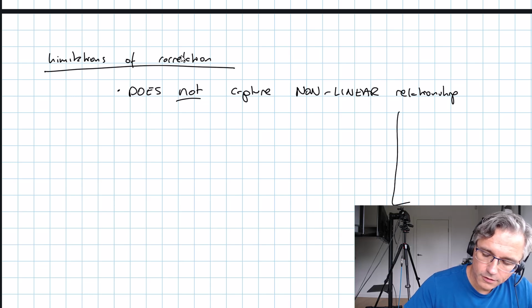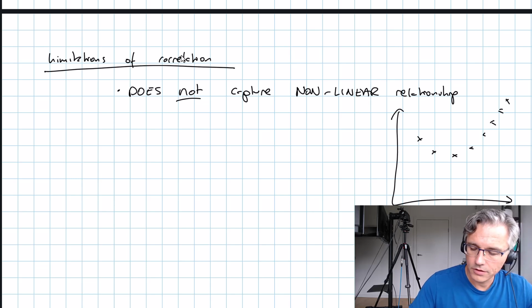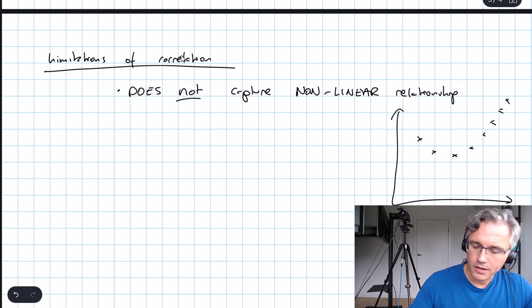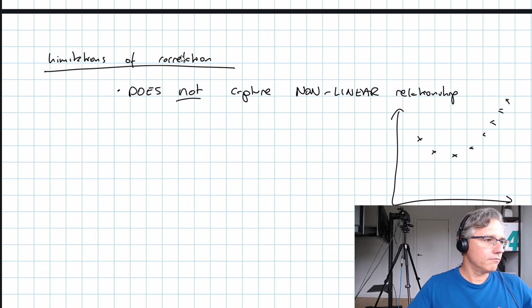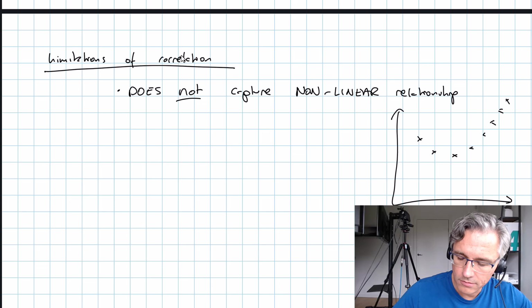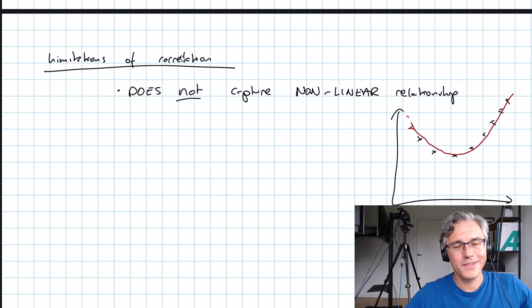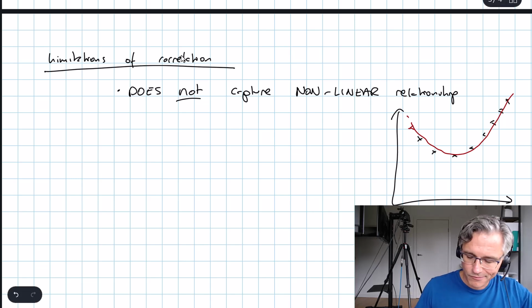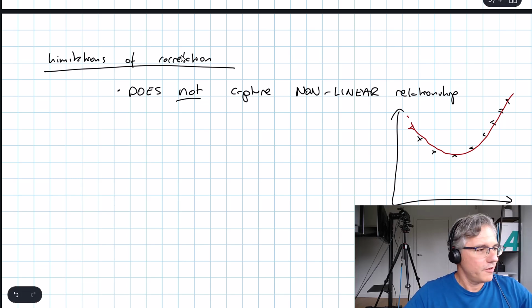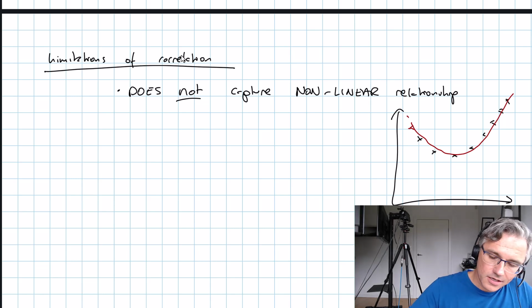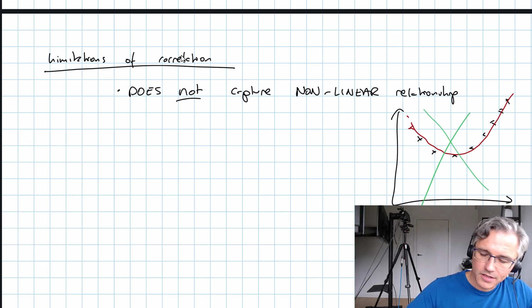So if you have a scatter plot and your data seems to be forming a bit of a smile, well, you can't draw a straight line through a smile. Correlation will come in more or less close to 0 or something like that. But you could draw a curve through these, which could be described with a function. It's just not a linear one. So correlation wouldn't be able to capture this.